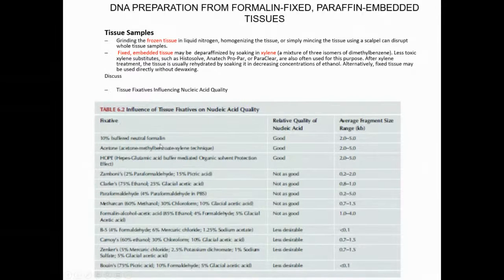So here, the 10% neutral buffered formalin is a good fixative, right? Because the DNA you retrieve is in good condition. And acetone is also good, and so on. So these are commonly used fixatives that can give a good quality and quantity of the DNA.